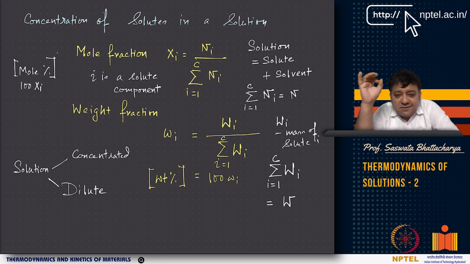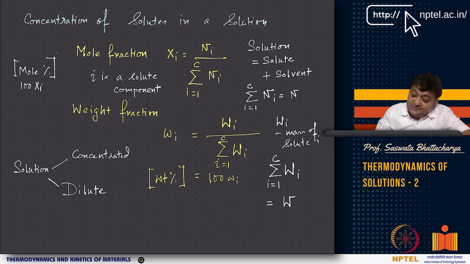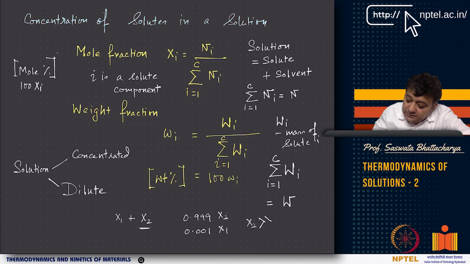Say, for example, X1 is your solute mole fraction and X2 is your solvent mole fraction. Now X2 is something like 0.999, and X1 is nothing but 0.001. So in that case X2 is much greater than X1.